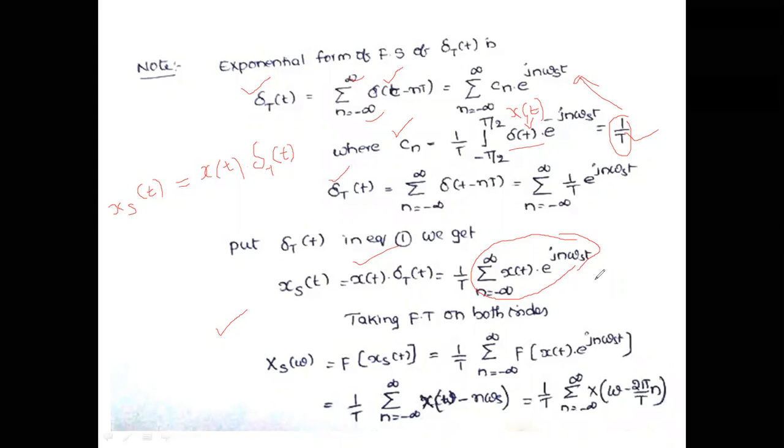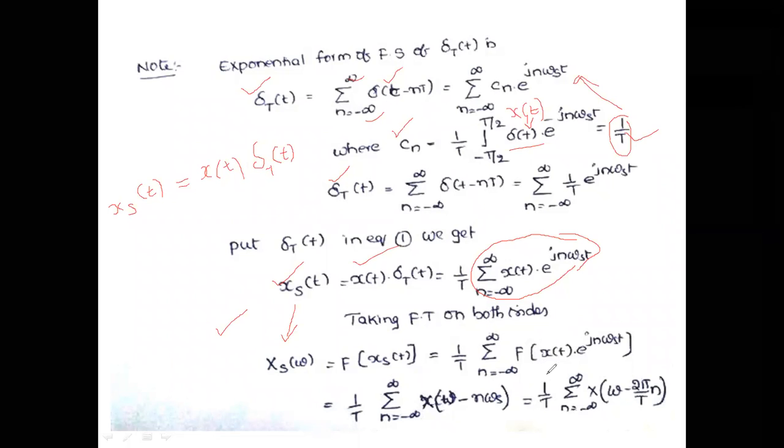So if you take the Fourier transform on both sides of this particular function, the Fourier transform of xs of t is Xs of omega, equal to 1 by T into the Fourier transform of x of t into this exponential. Now what is the Fourier transform of this entire function? We have already seen the properties of the Fourier transform. This is the frequency shifting property.